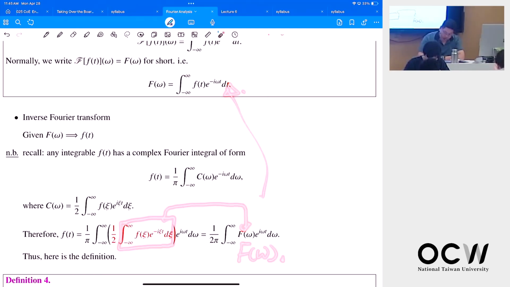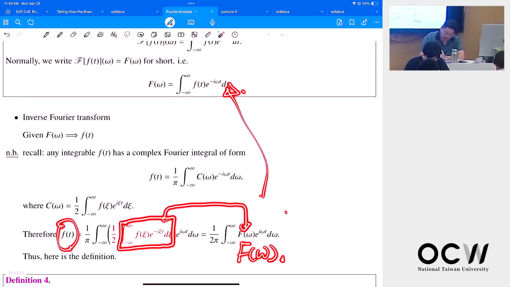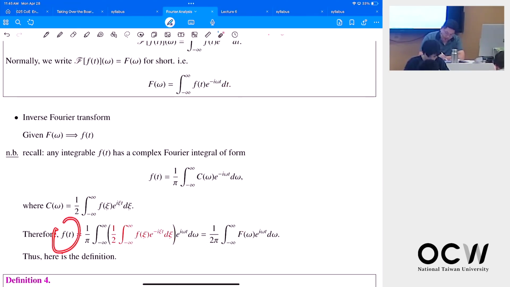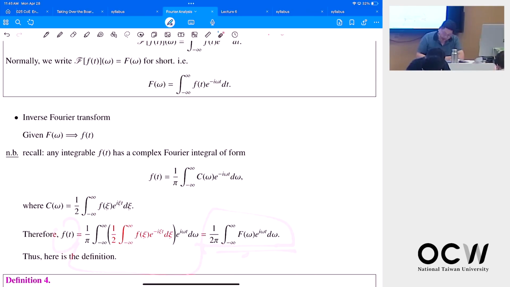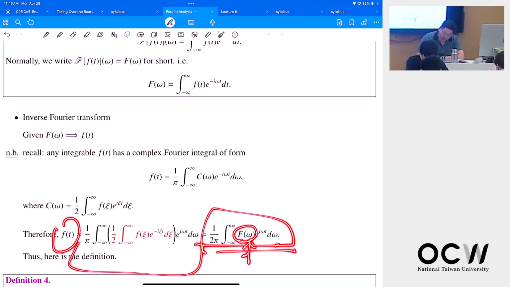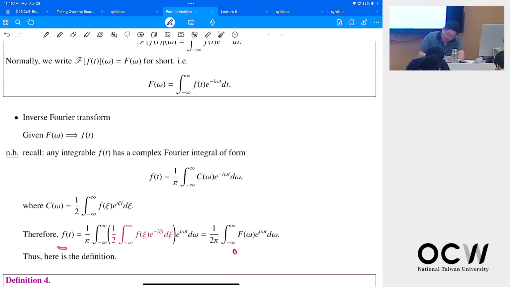So f of t in time domain, I can express in this integration, and this is the concept of our inverse Fourier transform. Given the F in frequency domain, then we take the integration to get the function f.